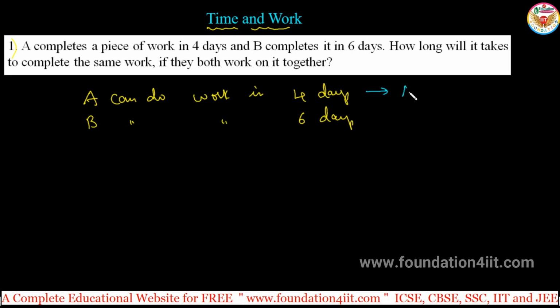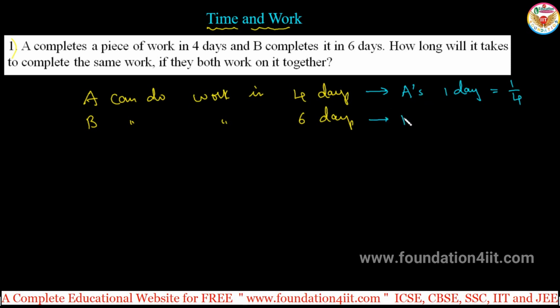A's 1 day work: in 1 day he can do 1/4 part of the work. Same way, B can do in 1 day 1/6 of the work. So together we can find out for 1 day.